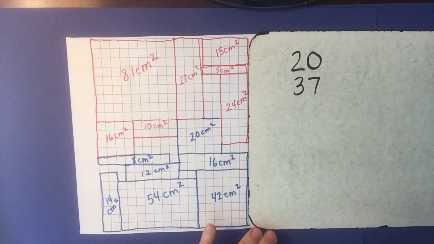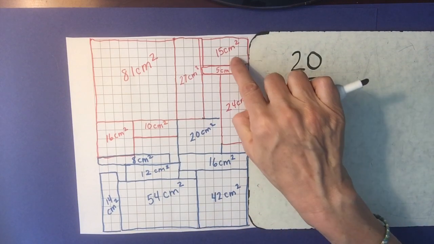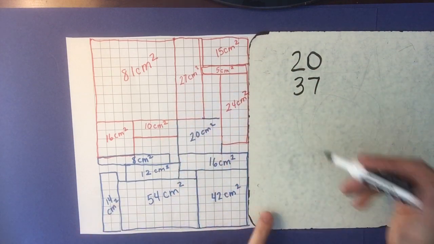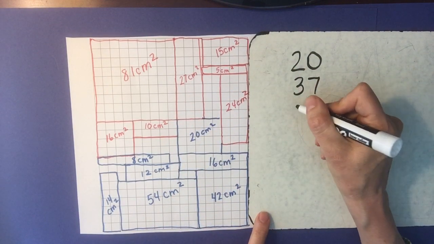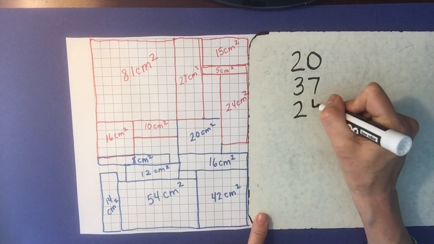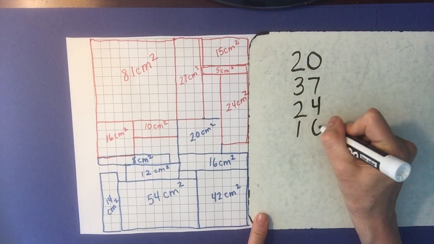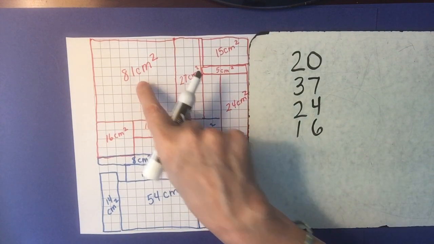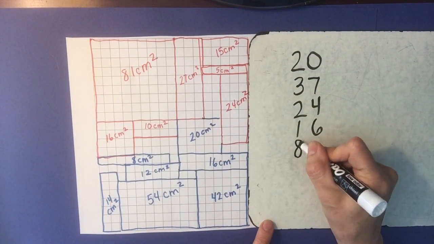So just to review, I have used 15 and 5 and 27 and 10. Now I'm going to use 24 and 16. And I know that 4 plus 6 is what? It's a 10, right? So that will help me go fast. And then what I have left is 81.